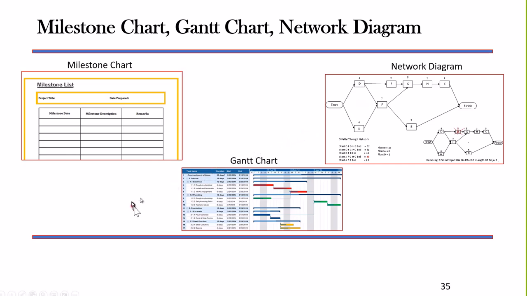Then we have the Gantt chart, which shows the task and it shows the sequence and percentage complete and other things such as that, when people are going to be used, and of course your functional managers are going to be interested in that Gantt chart. Senior management, though, they want to see that milestone chart, don't they? They don't want the details.